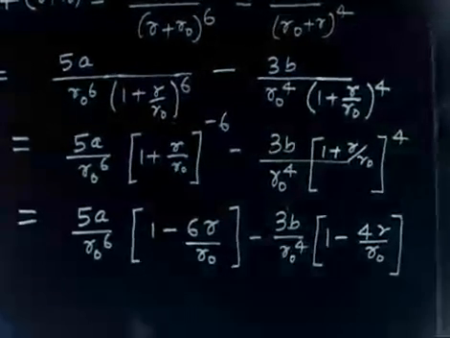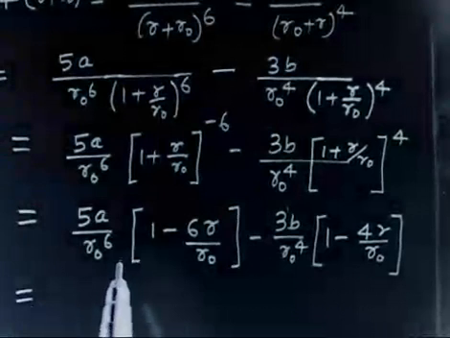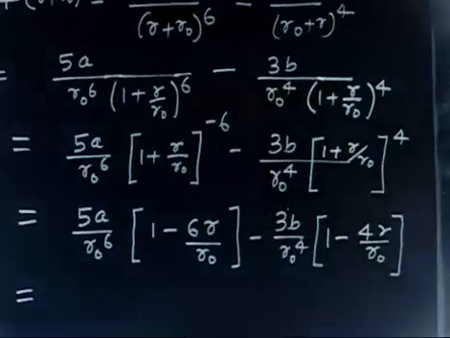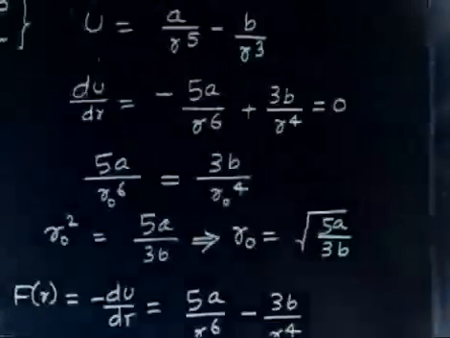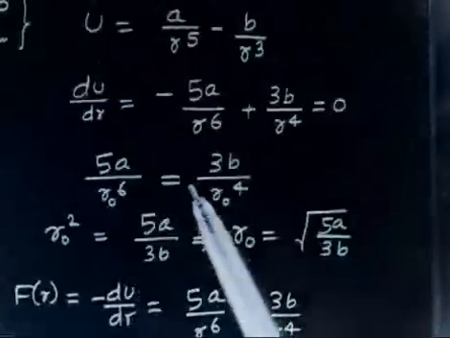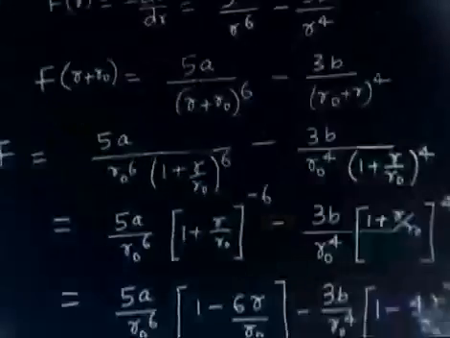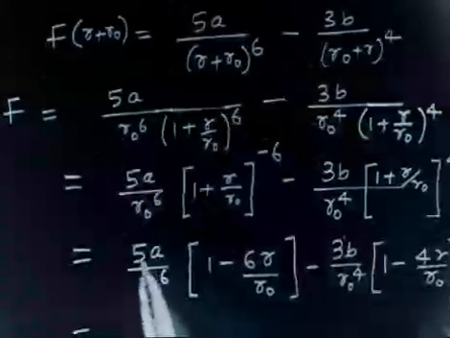Now you see the equilibrium condition: 5a by r naught to the power 6 is equal to 3b by r naught to the power 4. If I apply this, these two terms vanish, 5a by r naught to the power 6 minus this.